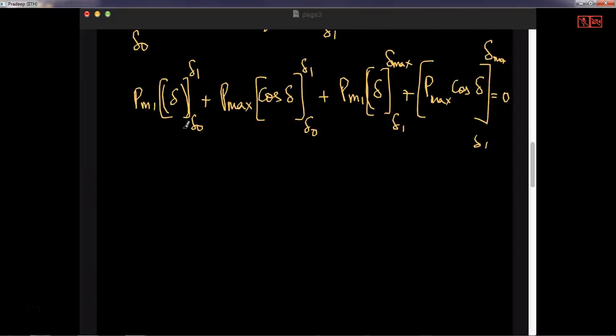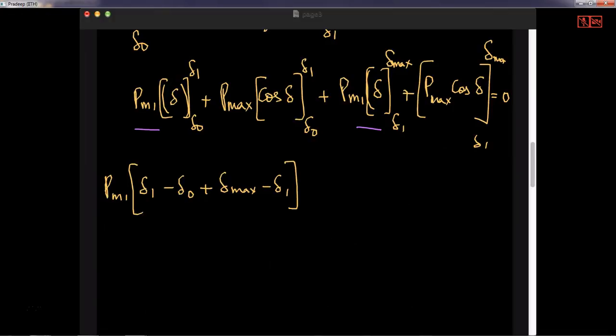Here I can substitute. So for Pm1, here I'll get delta 1 minus delta naught, and here I will get delta max minus delta 1. So I have taken care of this term and this term. Next, the other two terms.